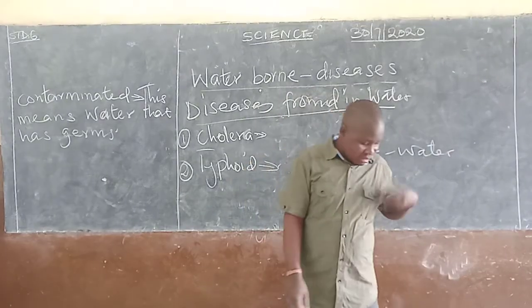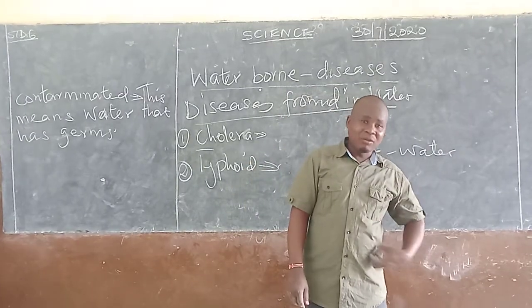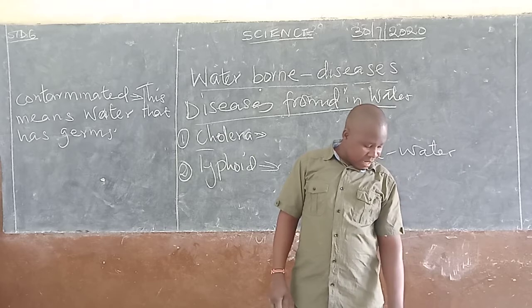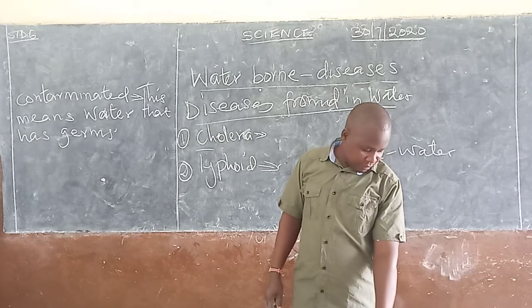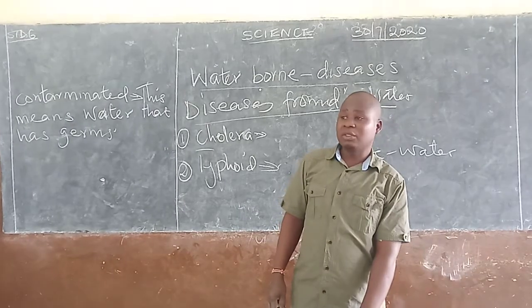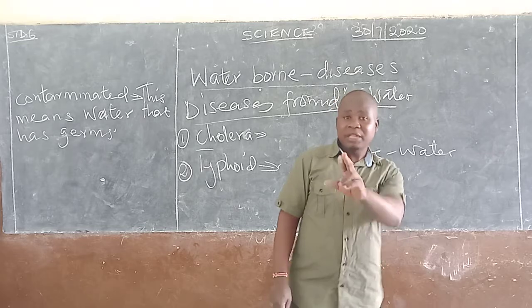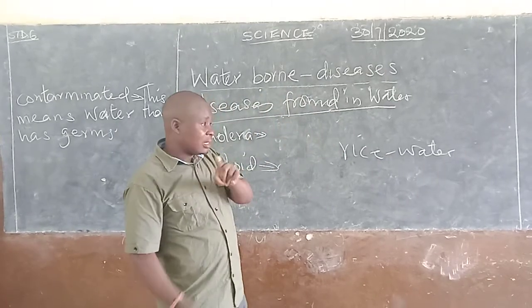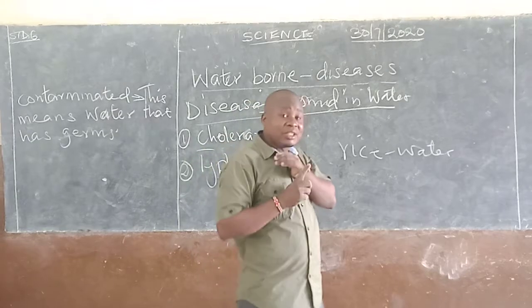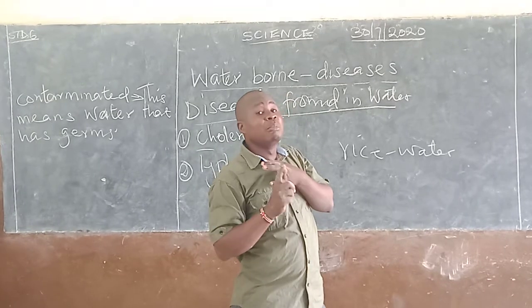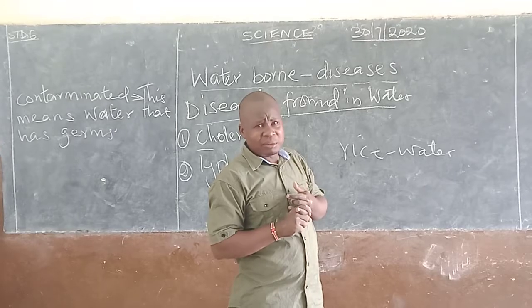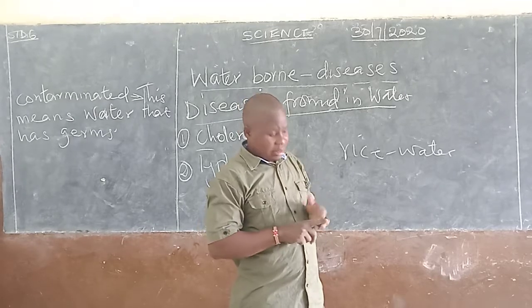Diarrhea and vomiting may be minimal or absent. Remember, in cholera there is mostly diarrhea, rice water and vomiting in most cases, but in typhoid it is not common. So you must differentiate the two.